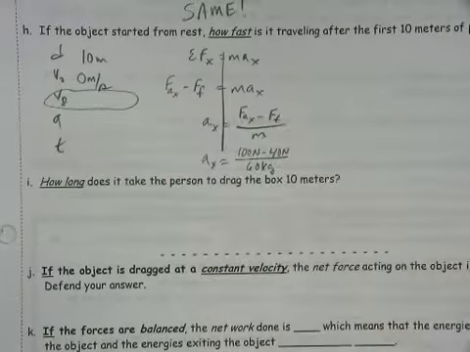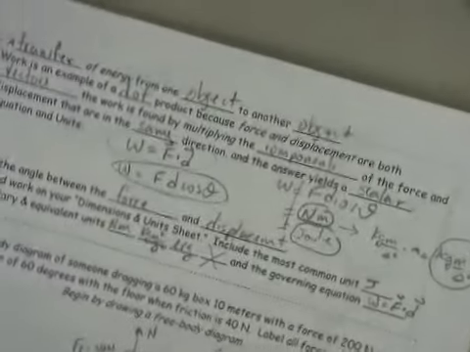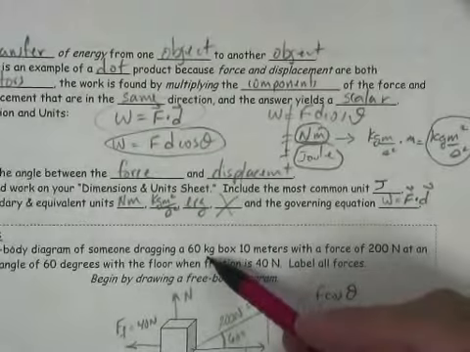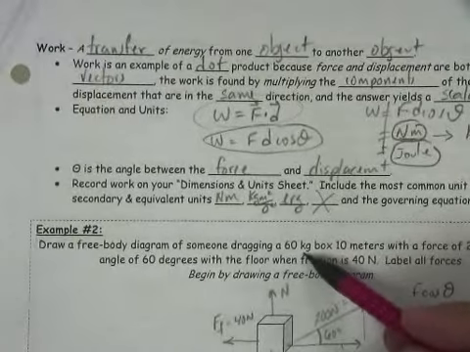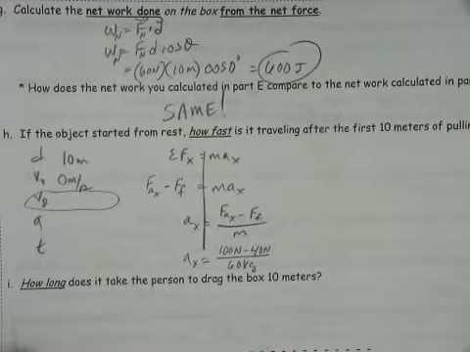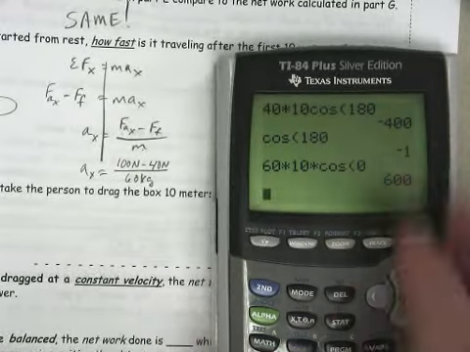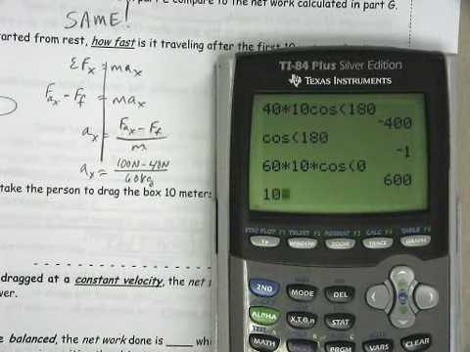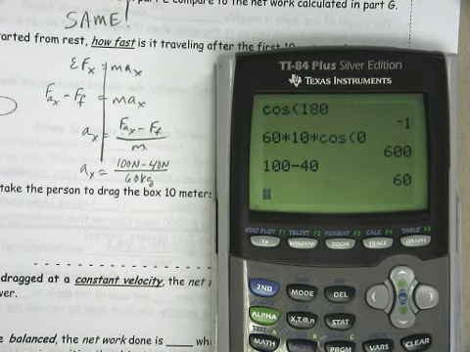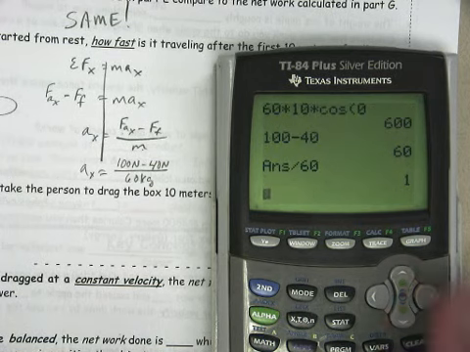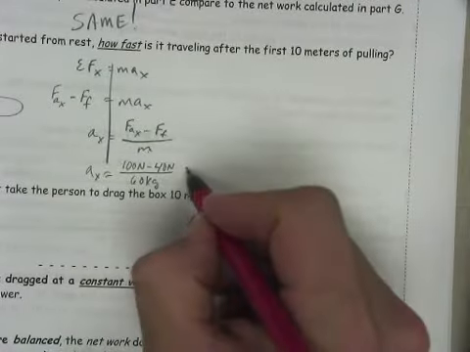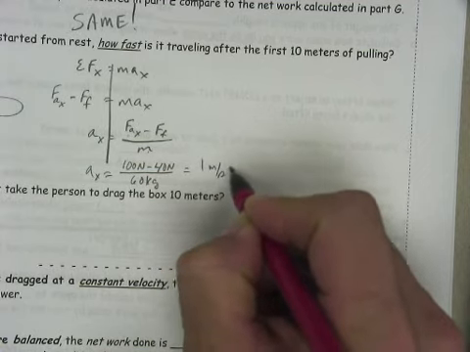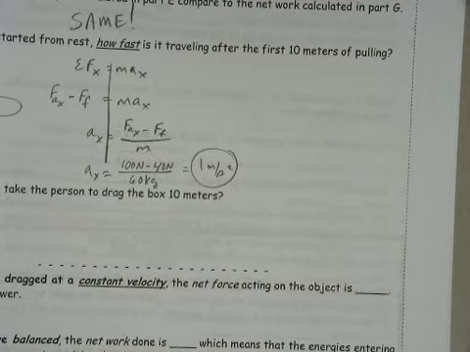And did they give us 60 kilograms? I know that's what it should be. Yeah, 60 kilograms right here in the first part. All right, so let's plug all that in. Let's see what we get. So we got 100 minus 40 divided by 60. Hey, works out nice. 1 meter per second squared. So there's this acceleration.